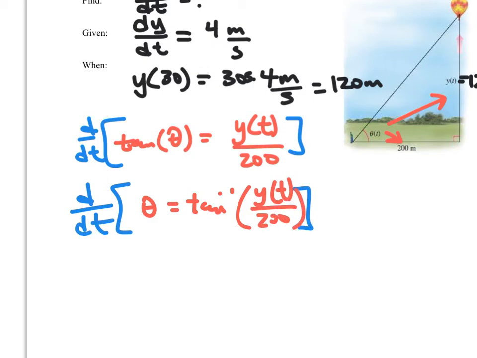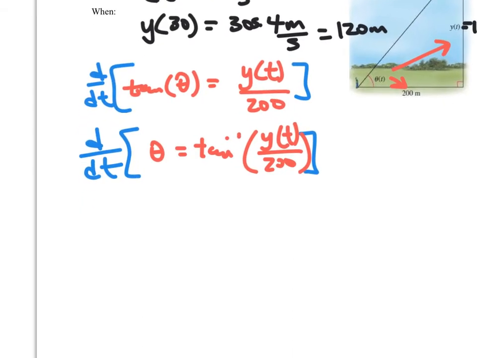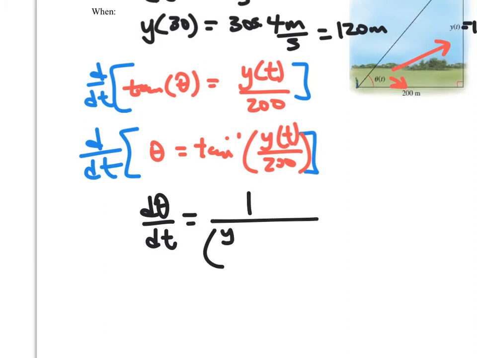Okay, so let's differentiate. What that will be is d theta/dt. And remember, the derivative of arctangent or inverse tangent is 1 over x squared plus 1. So it'll be 1 over (y of t over 200) squared plus 1.